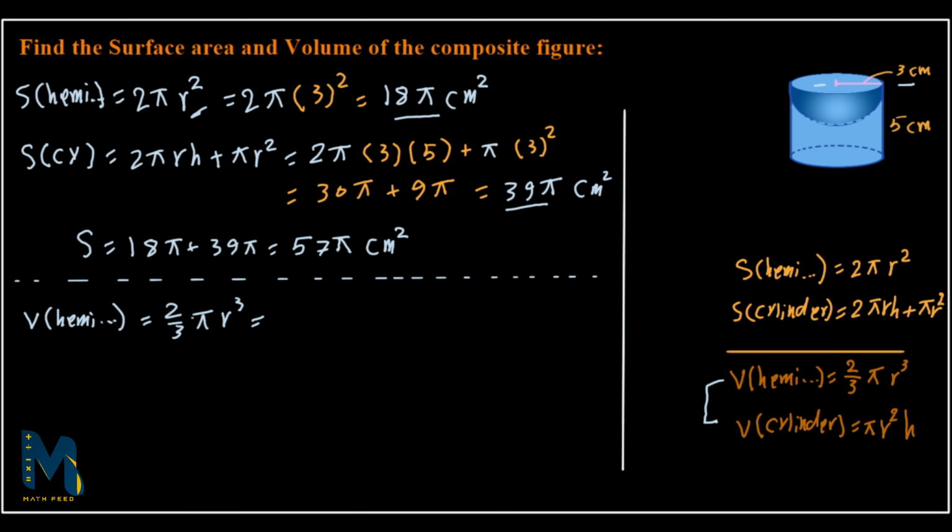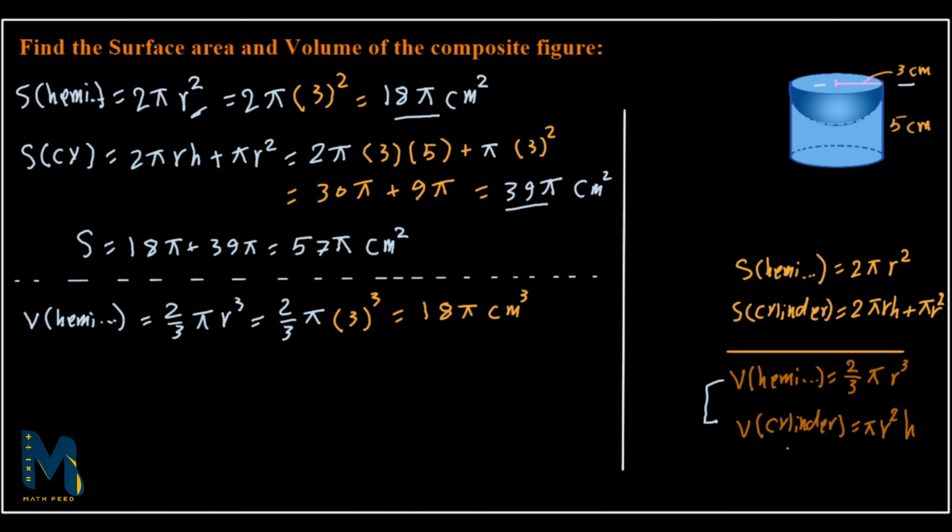We have 2 over 3 as itself, pi as itself. For the radius, our radius is 3, 3 to the power 3. And by a calculator we can solve them, which equals 18 pi centimeter to the power 3. So this is how we find the volume of a hemisphere.